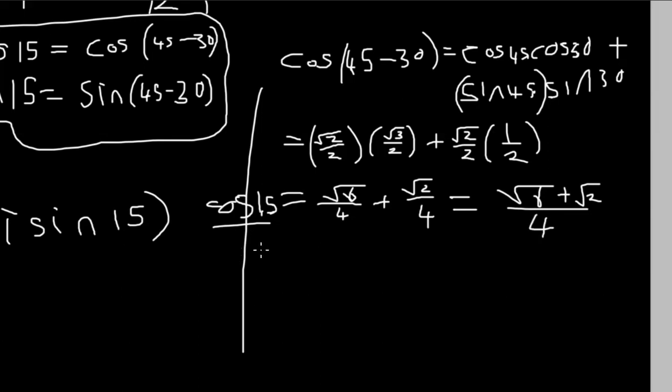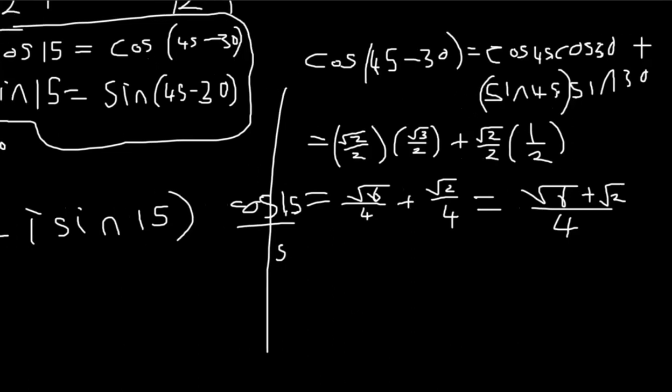Let us now find sine 15. So sine 15 is equal to sine of 45 minus 30.